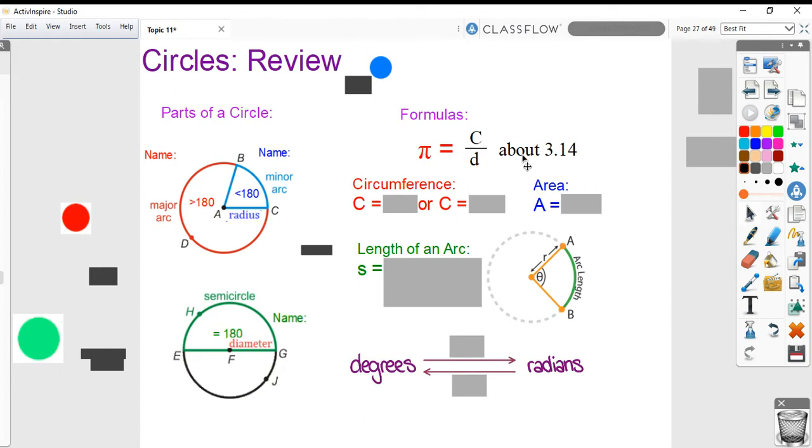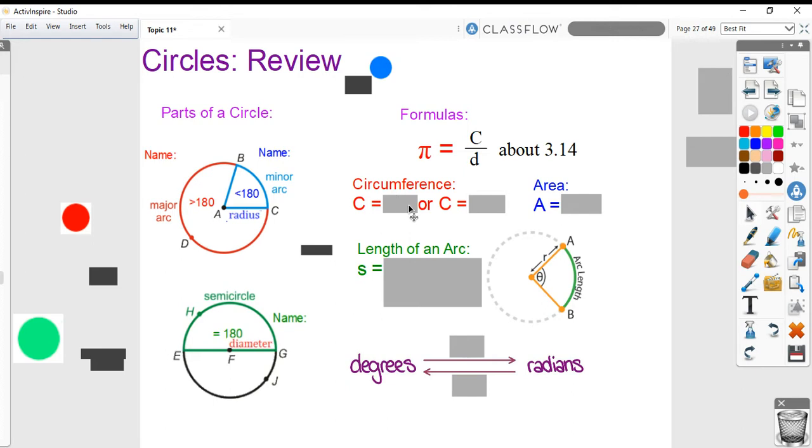We're going to talk about this in an activity later on in the week. I just wanted to take note of this right here. It is about 3.14, a very long, never ending decimal, but it also represents the relationship between the circumference and the diameter of a circle.